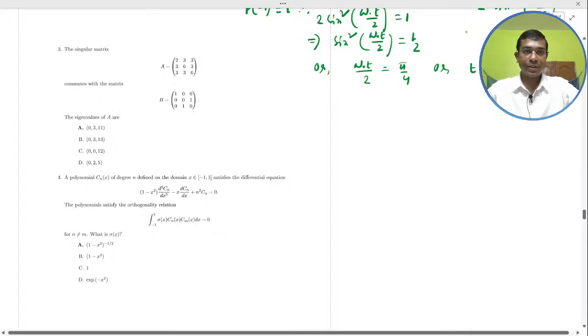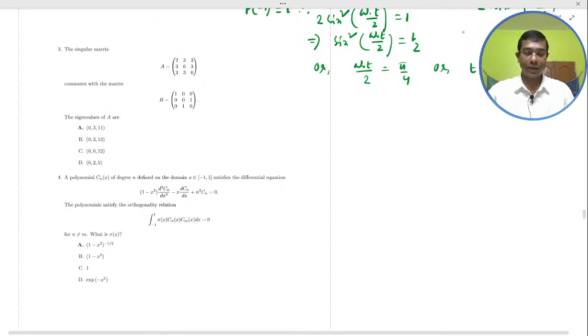The singular matrix A is 2, 3, 3, 3, 6, 3, 3, 3, 6. It commutes with the matrix B 1, 0, 0, 0, 0, 1, 0, 1, 0.